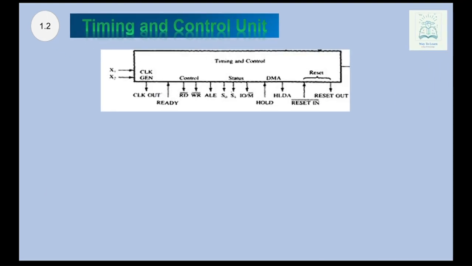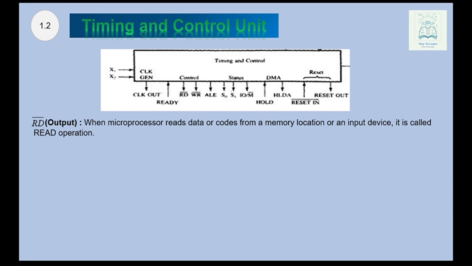RD bar, that is, when the microprocessor reads data or codes from a memory location or an input device, it is called read operation. RD bar is a signal sent by the microprocessor to the memory or input device to control the read operation. When it goes low, the selected memory or input device is read.